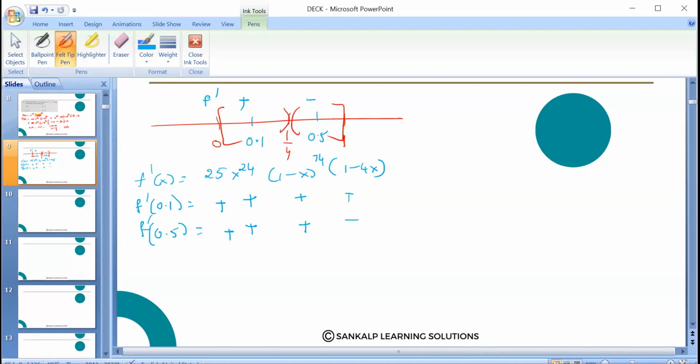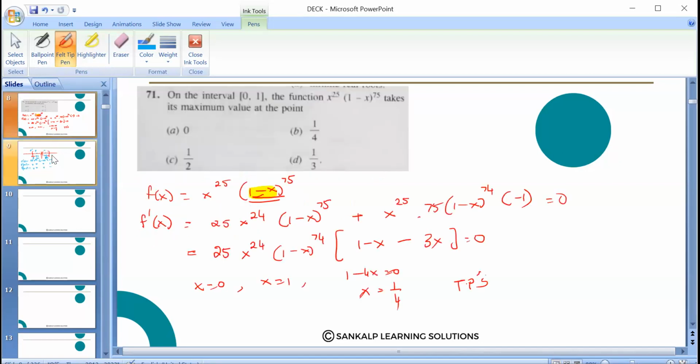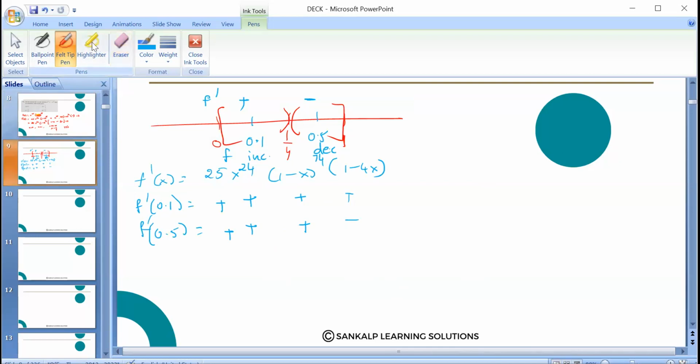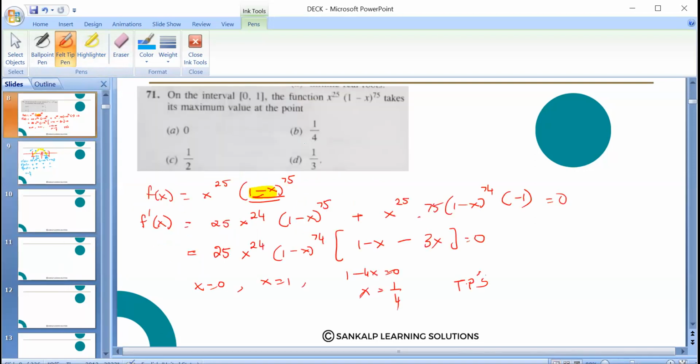So f dash is negative. That means f is increasing, then decreasing. But what they asked is about maximum value. Increasing means going up, decreasing going down. So here you have maximum value for the function at x equal to 1 by 4.